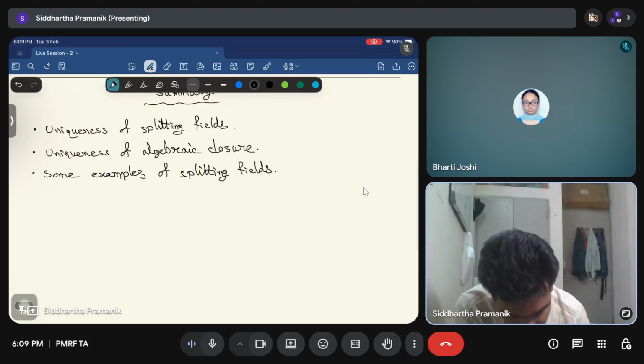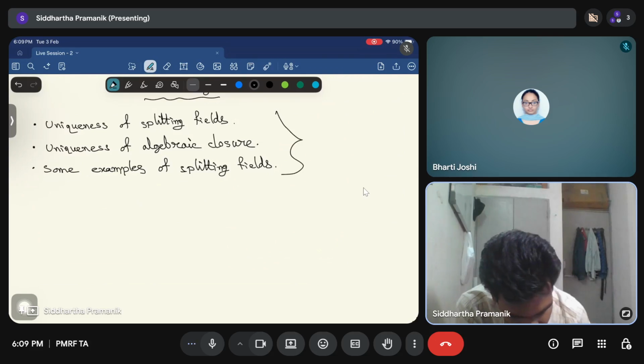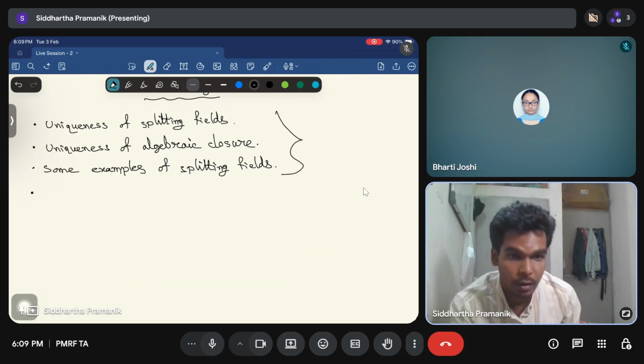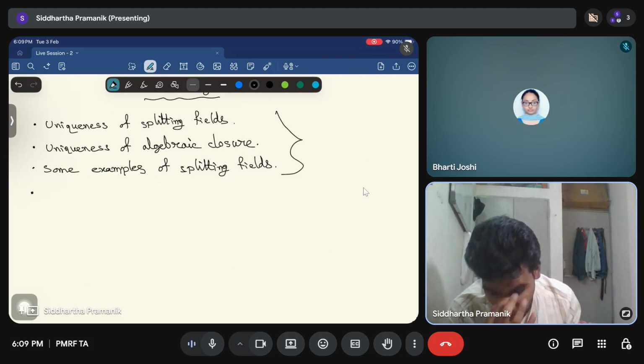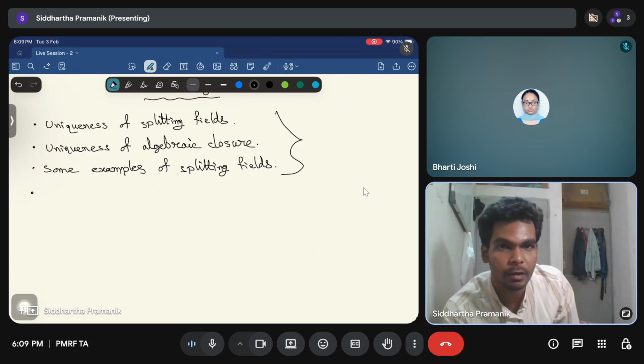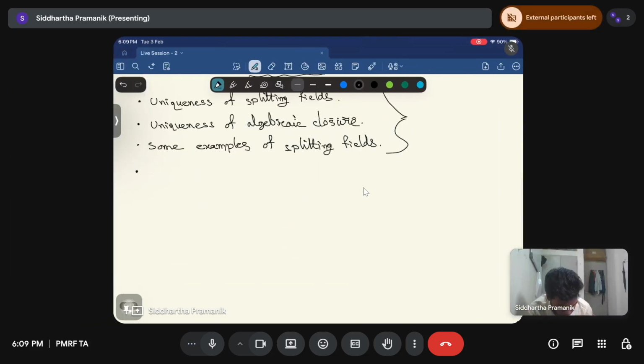So these three things are about the first lecture, and in the second lecture we have seen how algebraic elements behave under field homomorphisms.